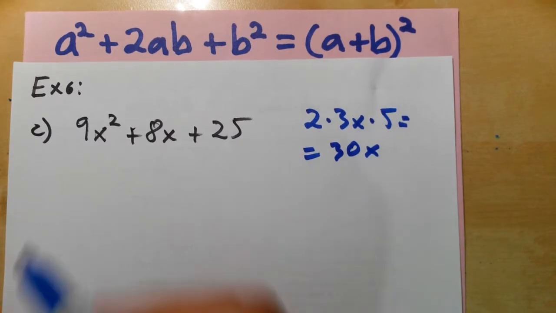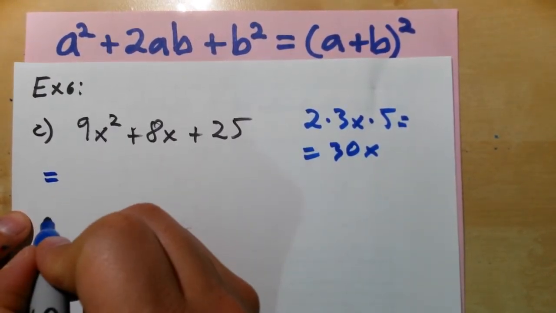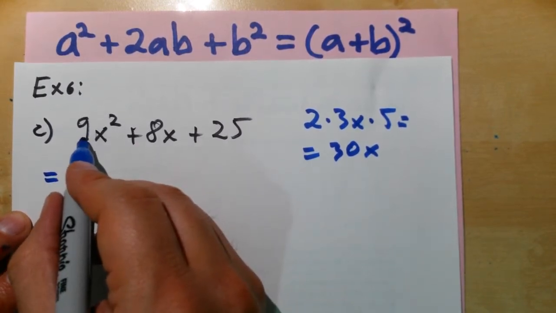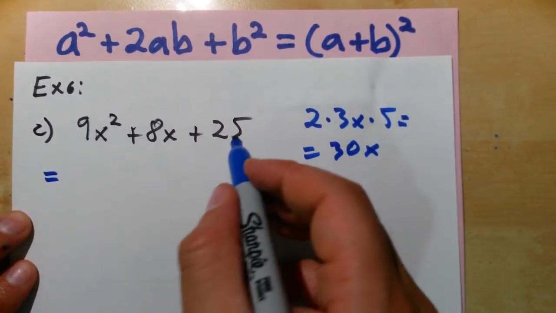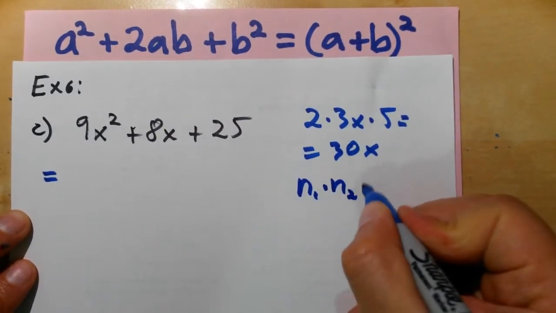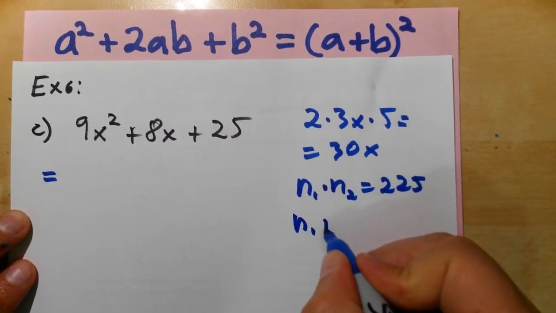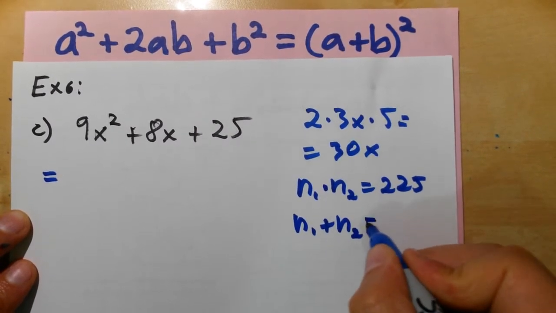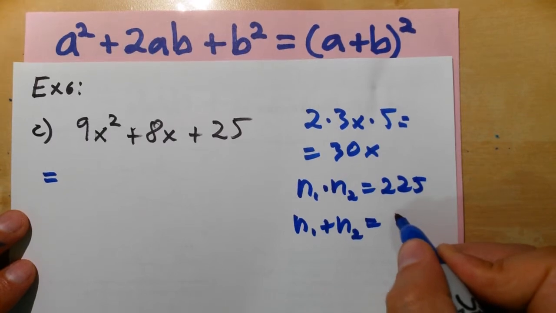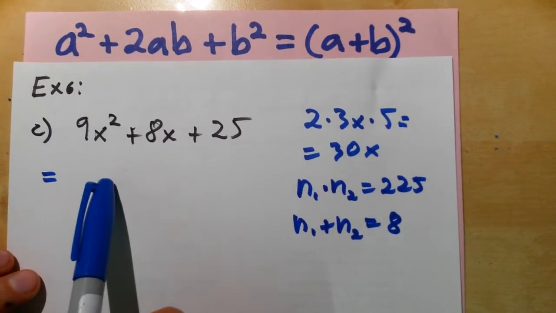So we continue solving as a complex trinomial. We're looking for two numbers that multiplied will give us 9 times 25, which is 225, and when we add these two numbers, we want to get 8, right?